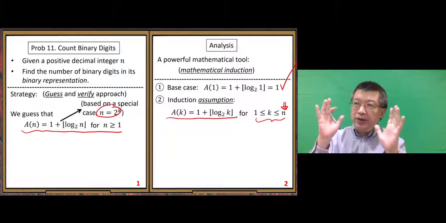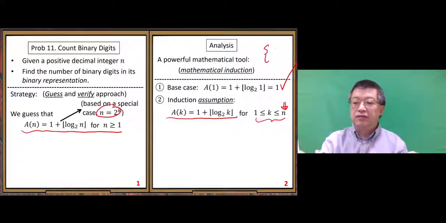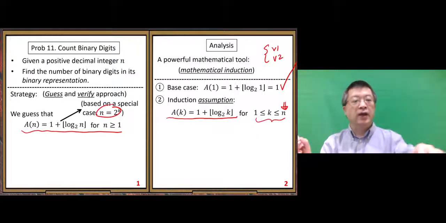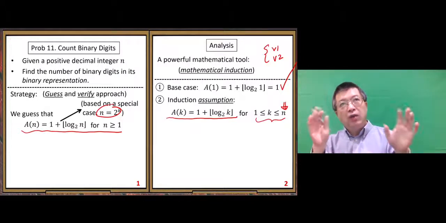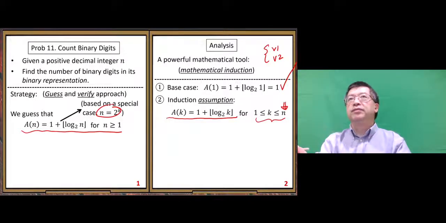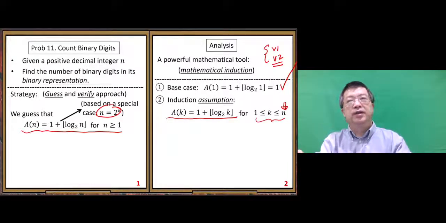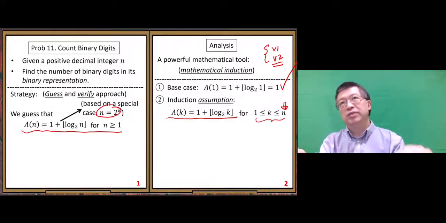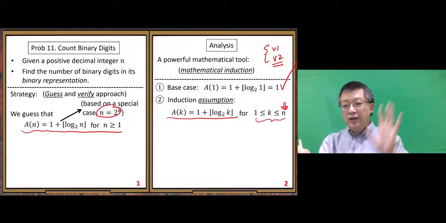At this point, I want to remind you a little bit. When you learn mathematical induction, there are 2 versions. Version 1 is a little weaker than version 2. Here, we are using version 2. In version 1, our induction assumption is just k equals n.